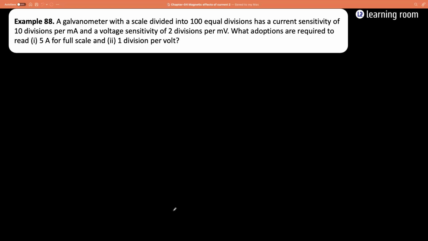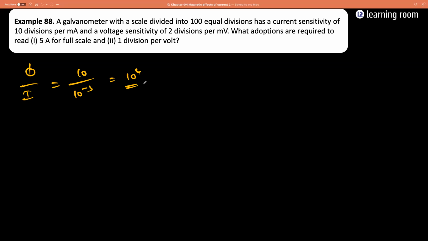A galvanometer with the scale divided into 100 equal divisions has a current sensitivity of 10 divisions per milliampere. So 5 by I is equal to 10 by 10 power minus 3. That is going to be 10 power 4.